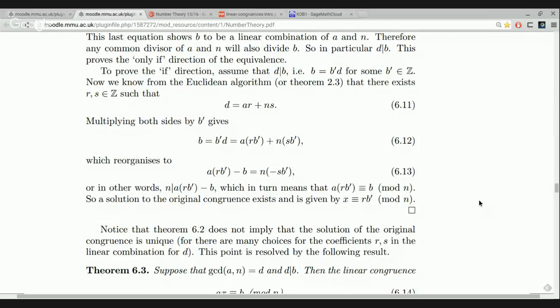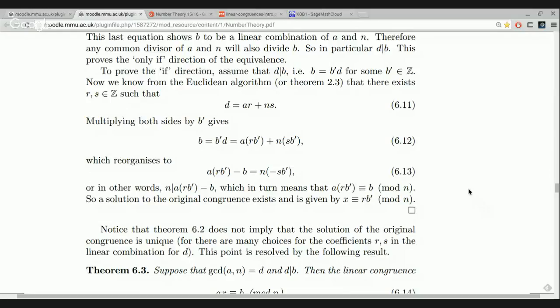This theorem only claimed existence, so we just have to point to one of them. The next theorem, 6.3, deals with the exact number of solutions. So this is talking in general, like we did here in this example, where we found that 3 different solutions modulo 15.